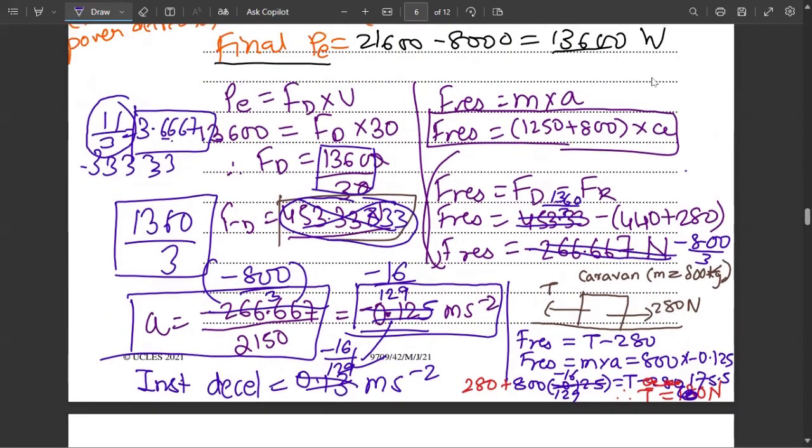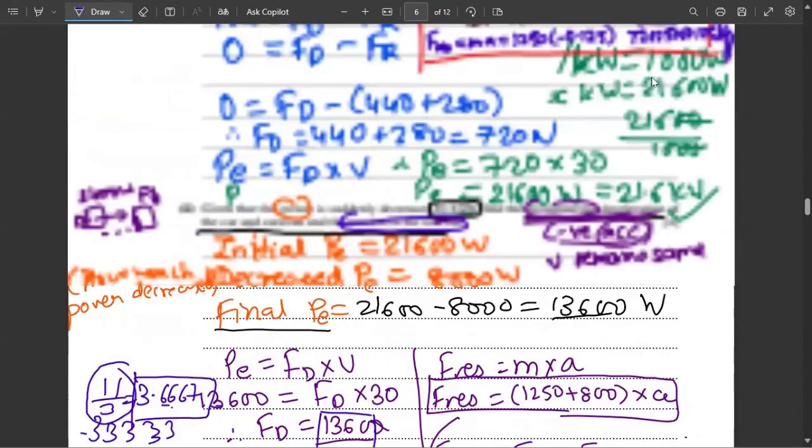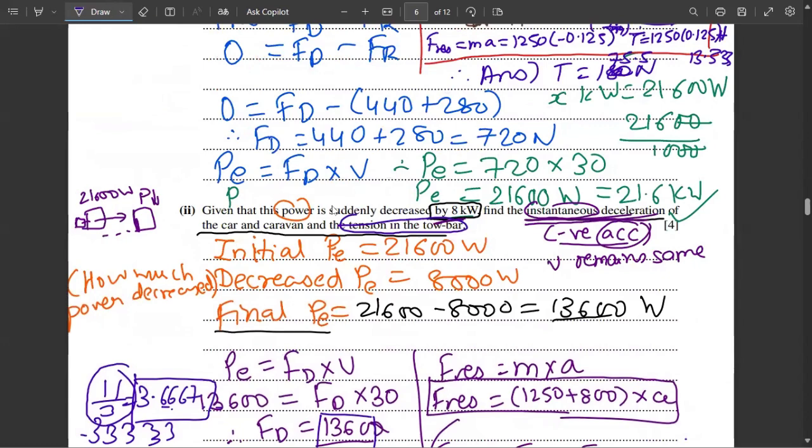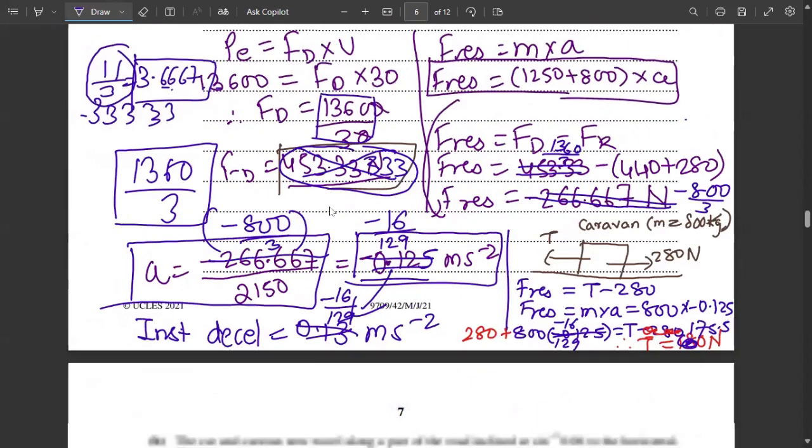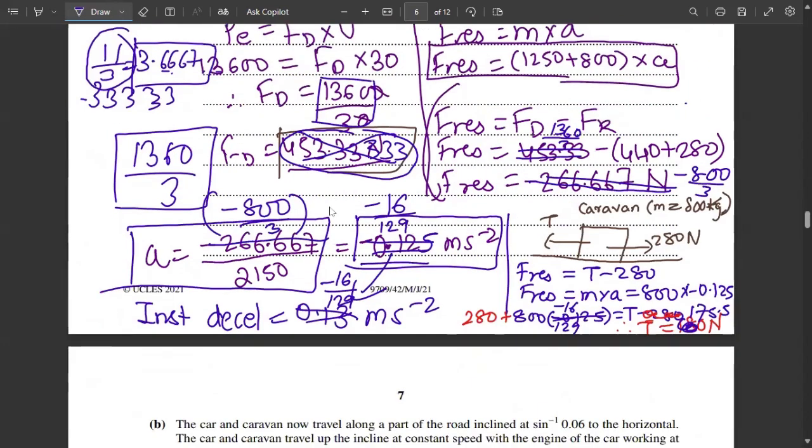So now, finally, what we understood is they had told us to find the instantaneous deceleration. So what was the instantaneous deceleration? It was minus 800 upon 3, upon 2150.